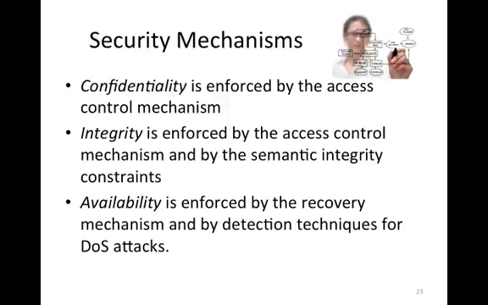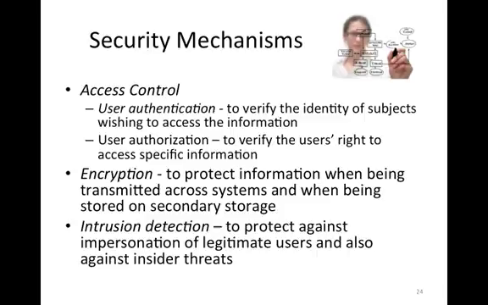But what we're going to primarily focus on are the things that we can do within a systems design, which is access control for both confidentiality and integrity. And both of those then again have impact on availability.